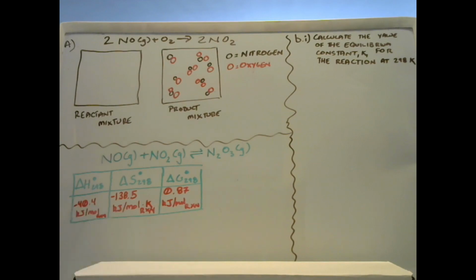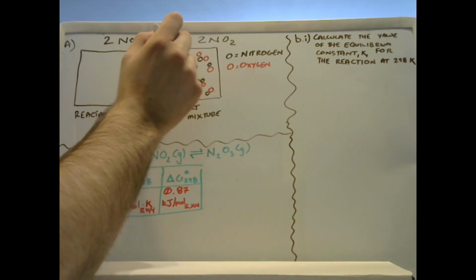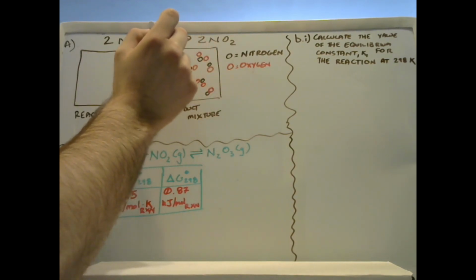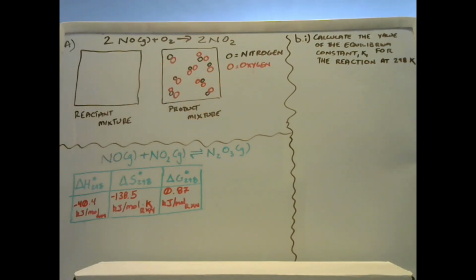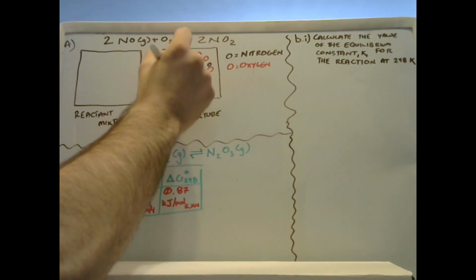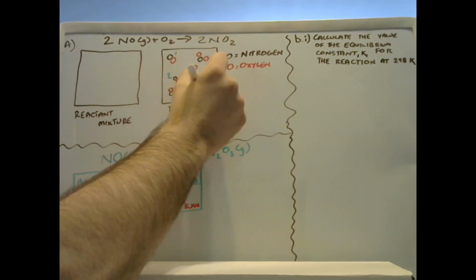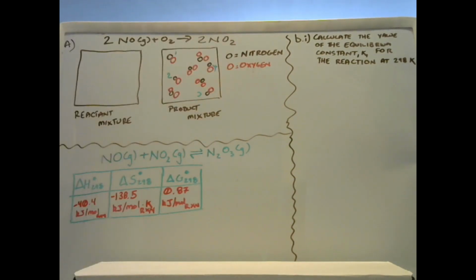First things first, we have NO, which is the brown-red combinations. Okay, that isn't a product. So any NO we have has to be left over from the reactants. So any NO we have here, which I'm going to label with these 1, 2, 3, 4 molecules of NO, had to be there originally.